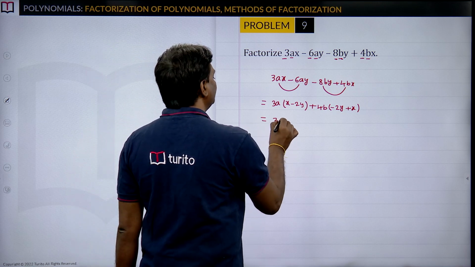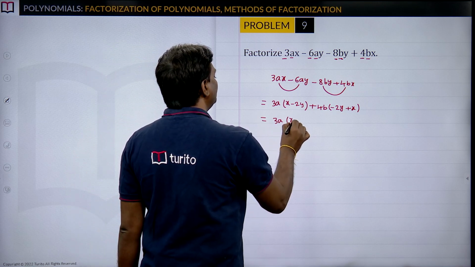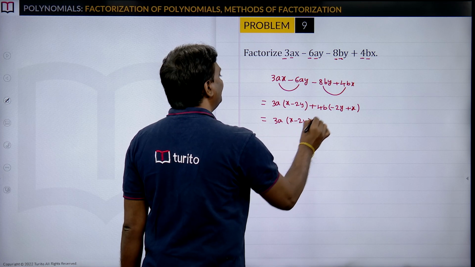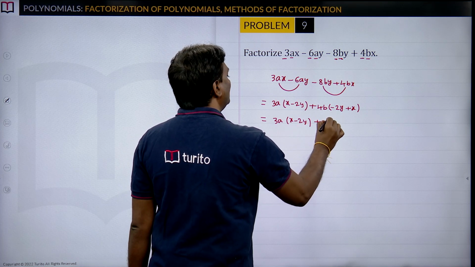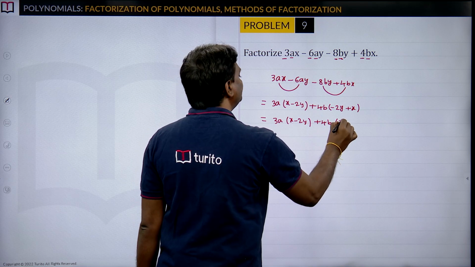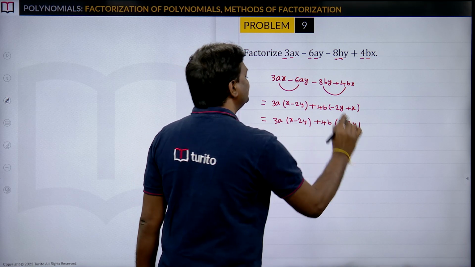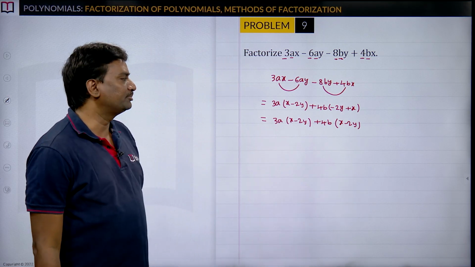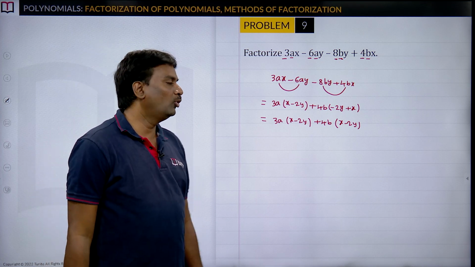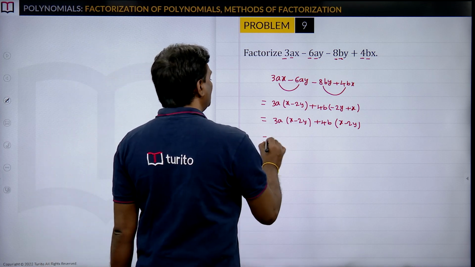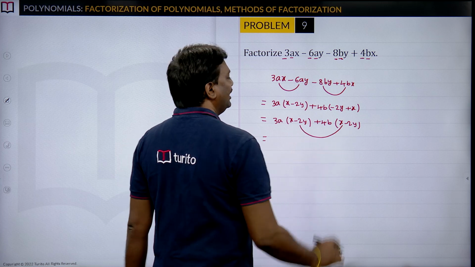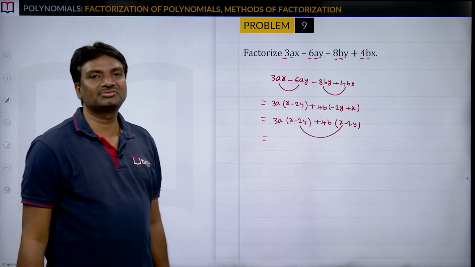So, we have 3a into x minus 2y plus 4b into x minus 2y. Again we can take this x minus 2y as common.